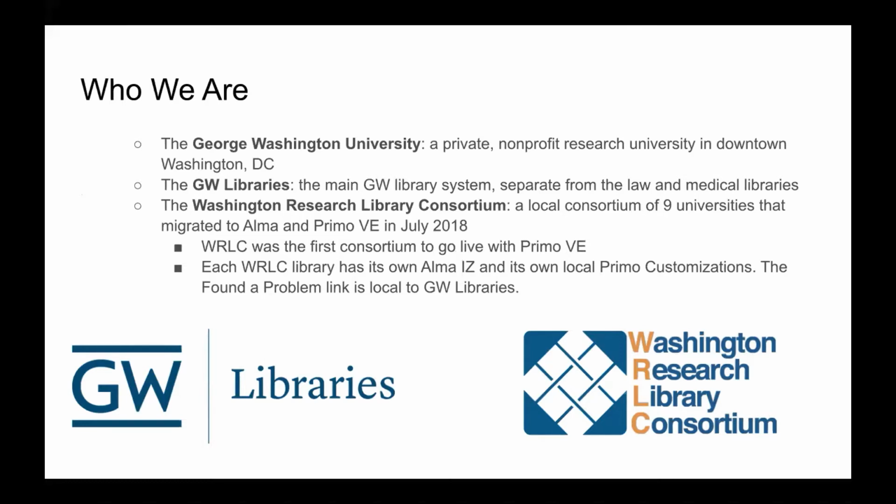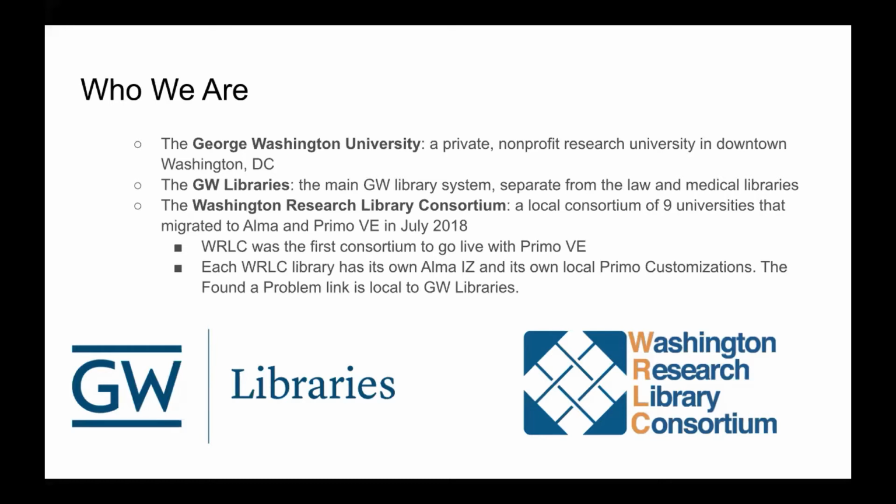GW is part of the Washington Research Library Consortium, a consortium of 9 local universities who share systems. We went live with ALMA and Primo in July 2018, and we had the distinction of being the first consortium to go live directly with Primo VE. So we never used Primo back office.